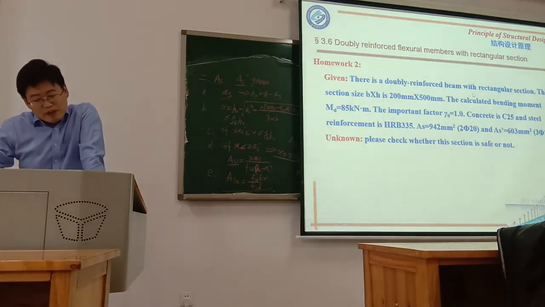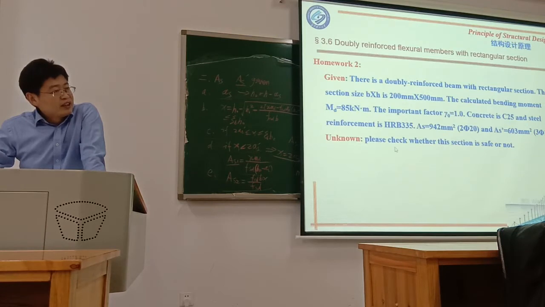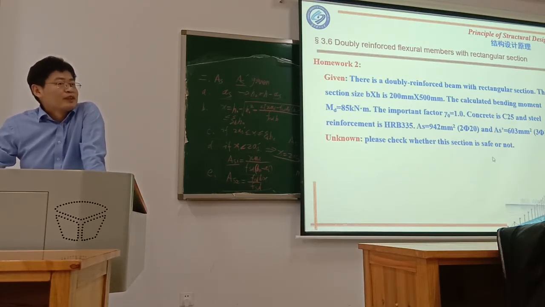The double reinforced beam, the second size, and the calculated moment MD, concrete strength 25, and give you AS and AS prime. Then check if this design is okay or not. So the first question is the calculation, the second is check.